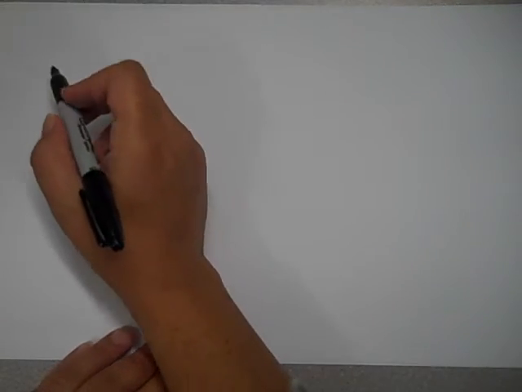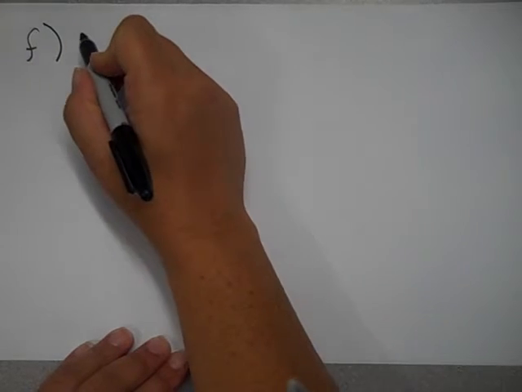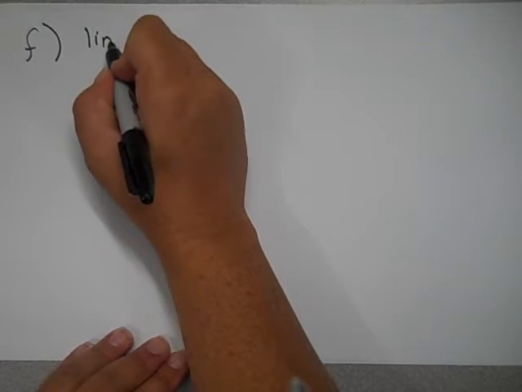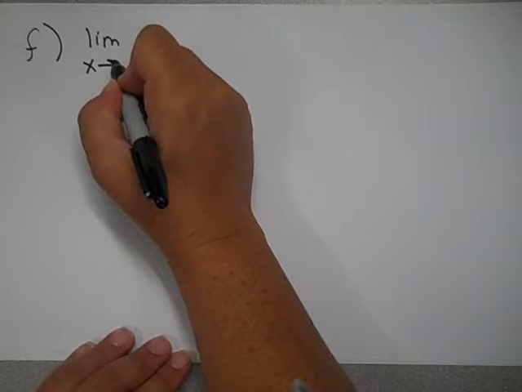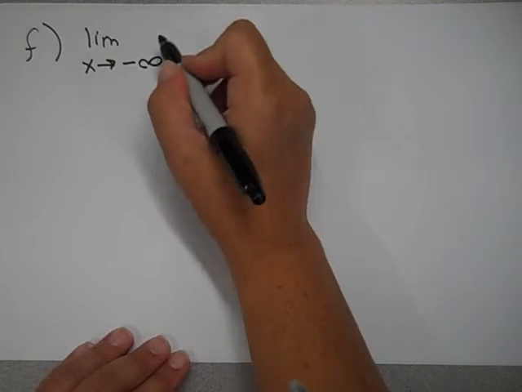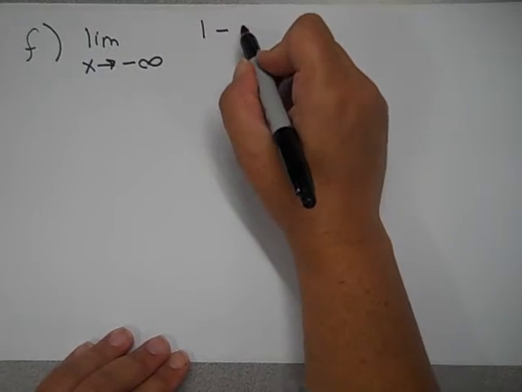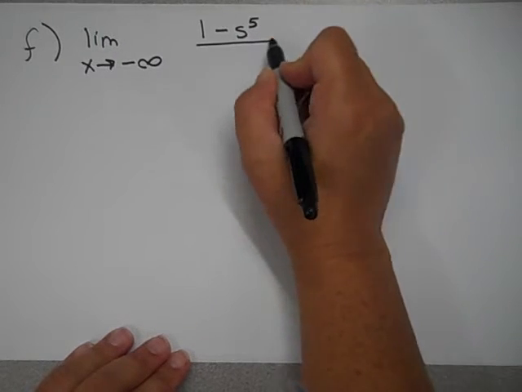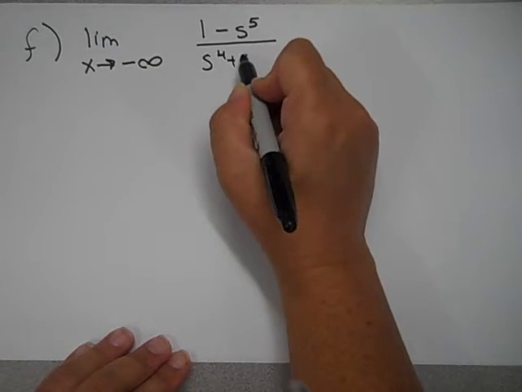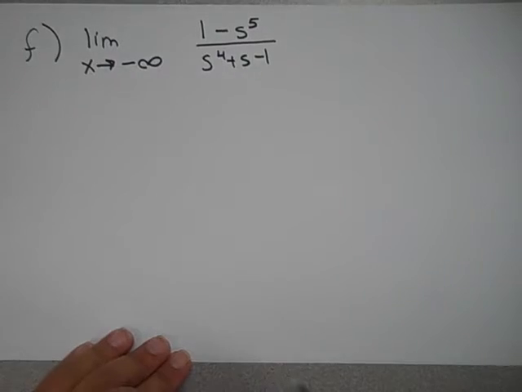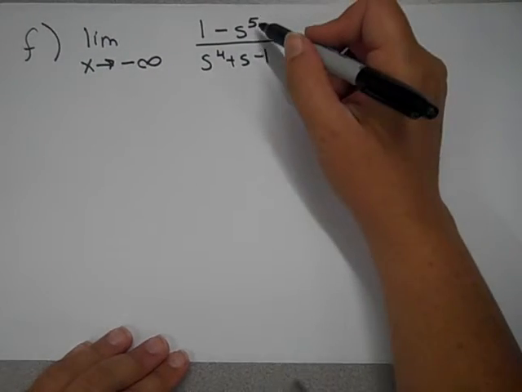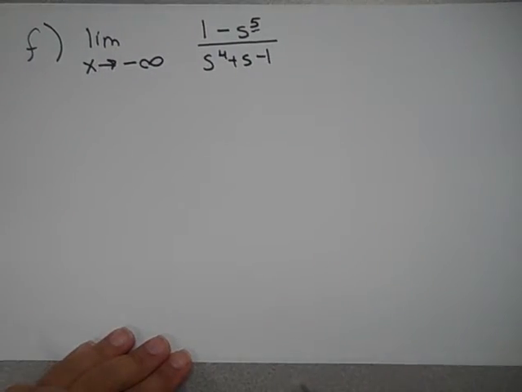And for f, it is the limit as x approaches negative infinity of 1 minus s to the 5th over s to the 4th plus s minus 1. So the biggest exponent is in the numerator.